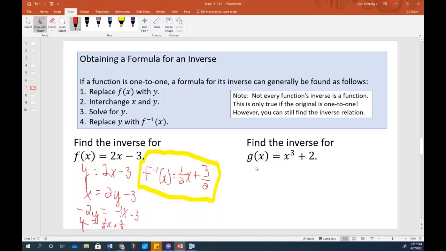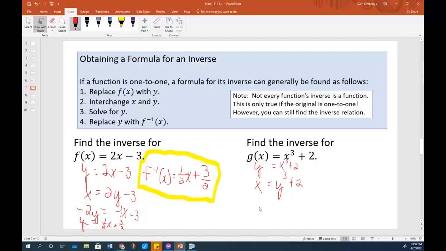Even though this isn't g of x, we do it the same way. First of all, replace g of x with y. Then trade the x and y's. Now again, this one is my inverse, but it's not in the right form. I'm wanting to get this y by itself.